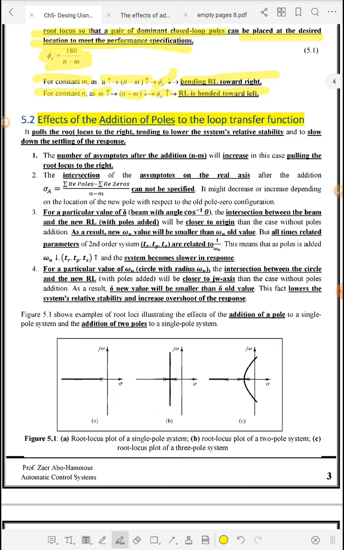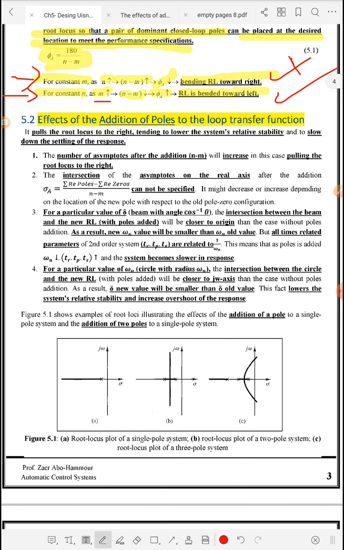So to conclude, the addition of poles bends the root locus to the right hand side, while the addition of zeros bends the root locus to the left hand side. The first is not okay, because it will spoil the stability, as we will see later.